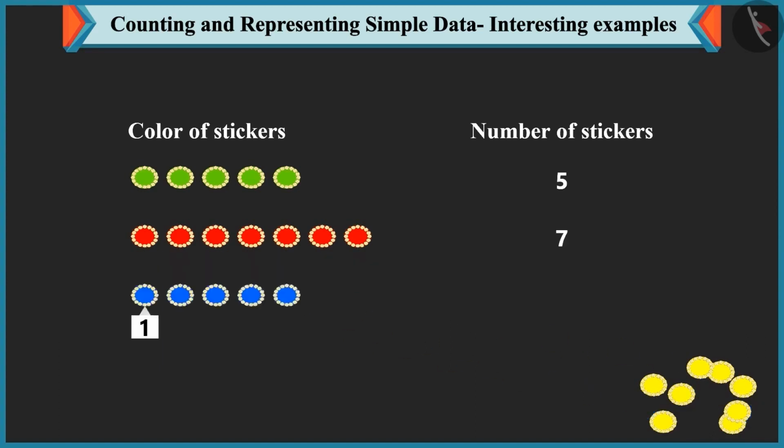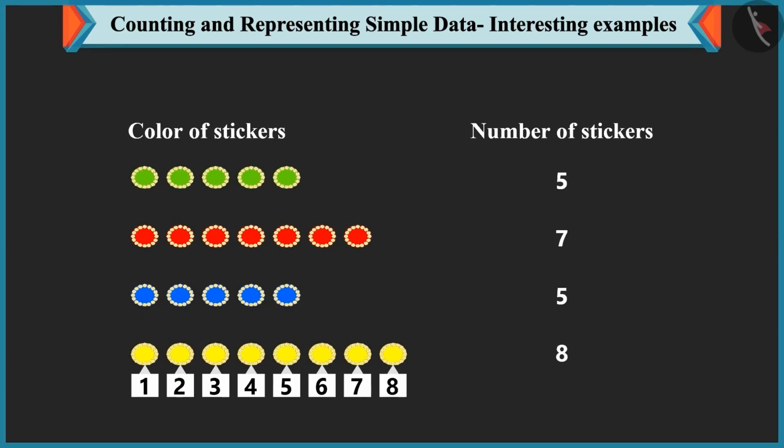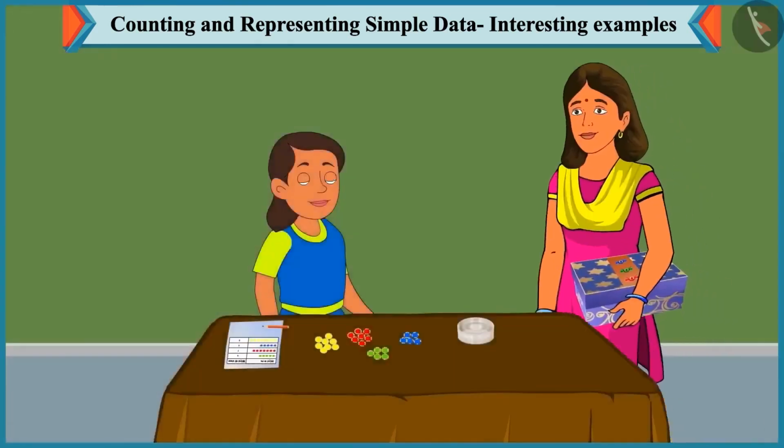There are 1, 2, 3, 4 and 5 blue stickers. So we have to write 5 against blue stickers. And there are 1, 2, 3, 4, 5, 6, 7 and 8 yellow stickers. So we have to write 8 against yellow stickers.